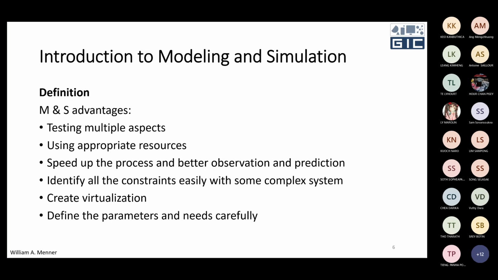You cannot bring some atomic or chemical substance and make it explode. No, you cannot. It's too dangerous. So in this case, you can use a model and make a simulation to show your customer to reduce the dangerous case. This means that you can test multiple aspects, whether dangerous or not.